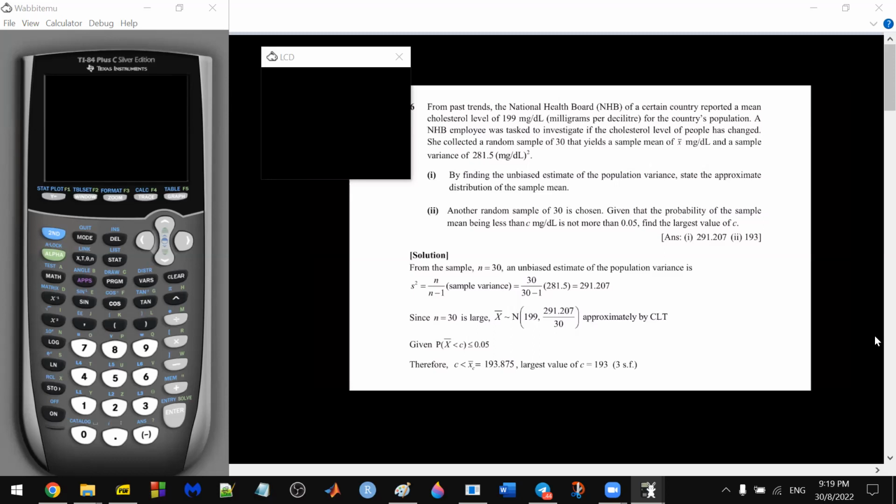Find the largest value of C. So it's less than the x bar of 193.